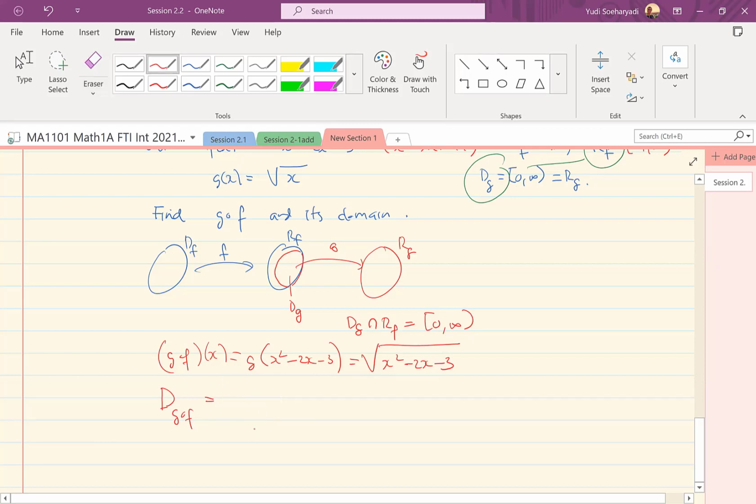Let me write this down. The pre-image of this one.